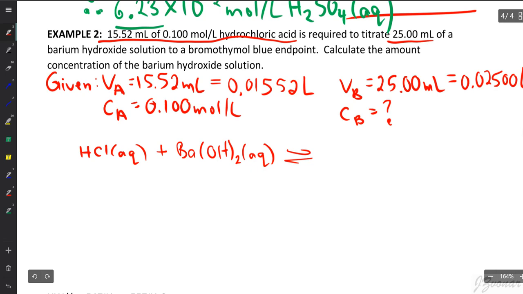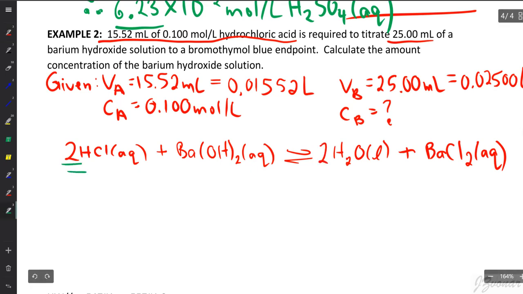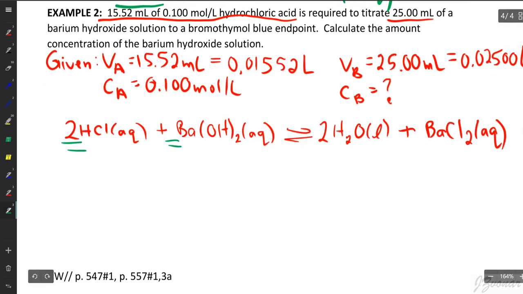This is a neutralization reaction, so it forms liquid water, H2O, plus my salt, which is barium chloride. So this is a special type of double displacement reaction. Once again, I have to balance it, and we see here that once again we've got a 2-to-1 ratio. So we need to follow all of those same steps.